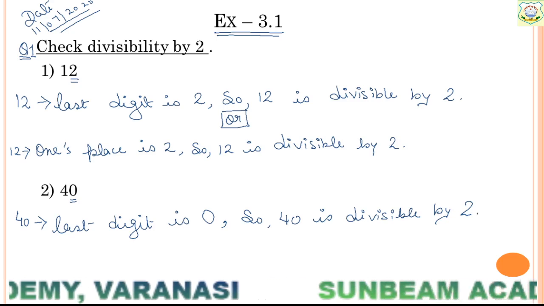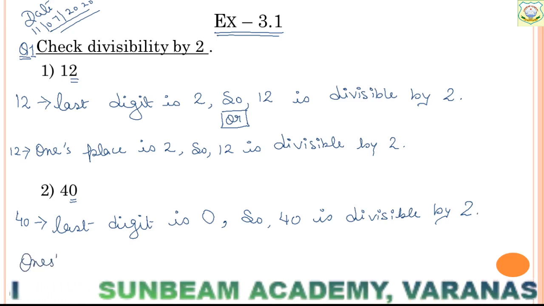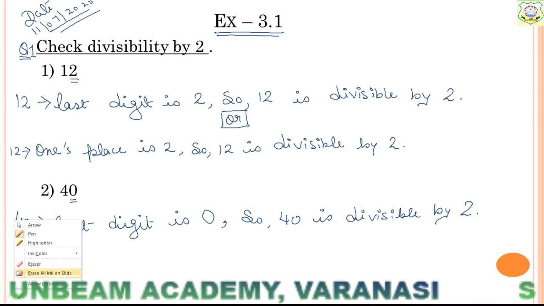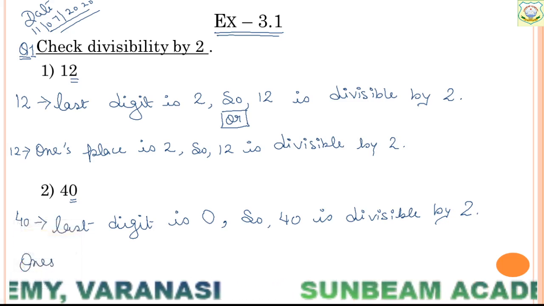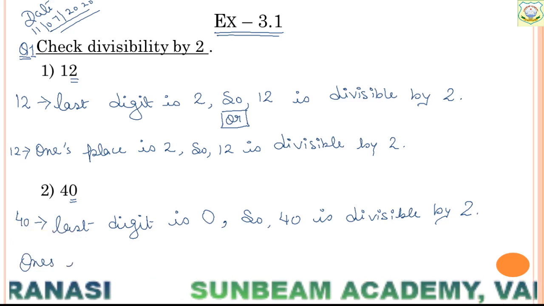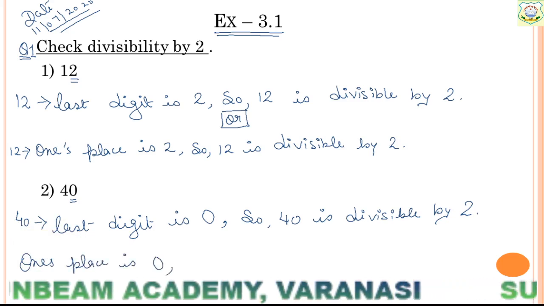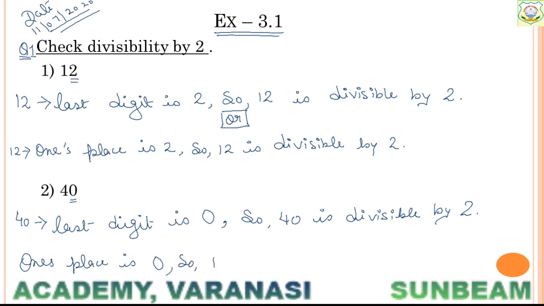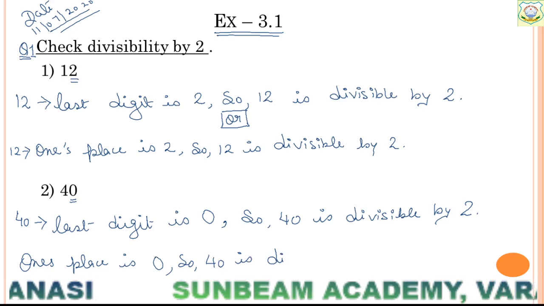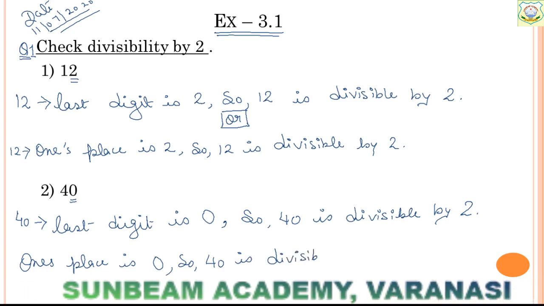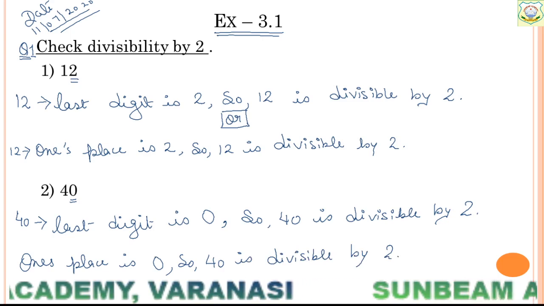Write it down, and if you want you can write it this way also: ones place is 0, so 40 is divisible by 2. Okay, note it down.